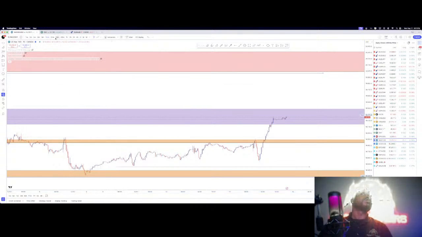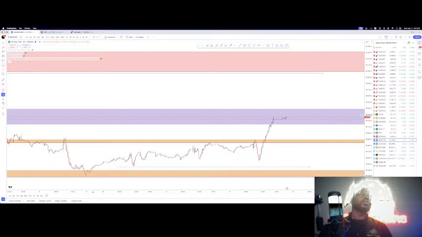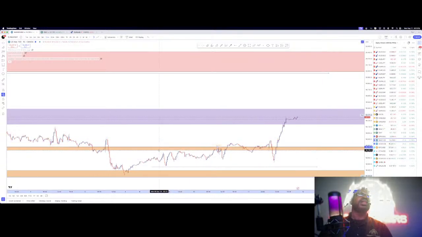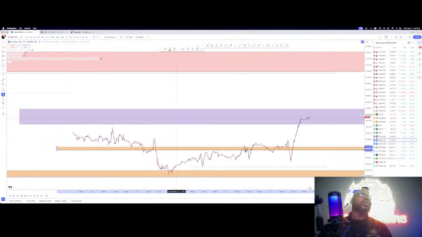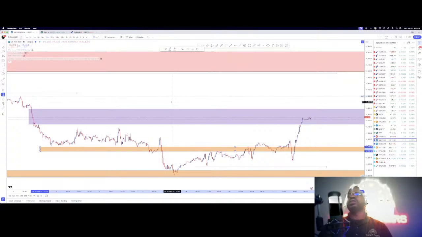Look at you. Yeah, that's right at the bottom of structure. Let's test that out.